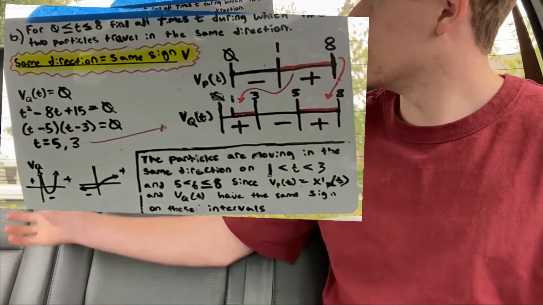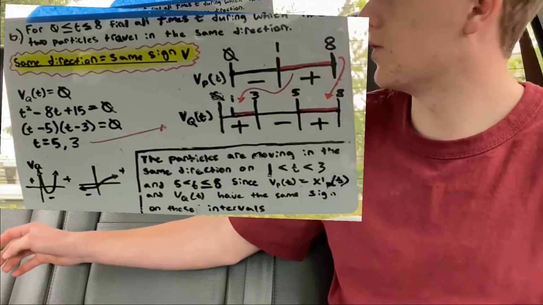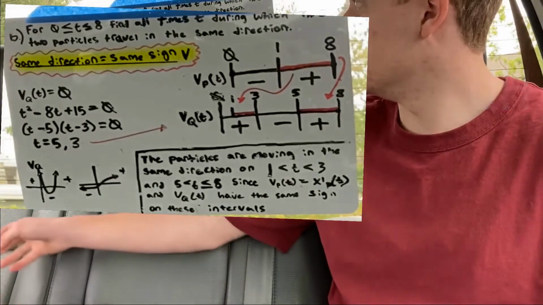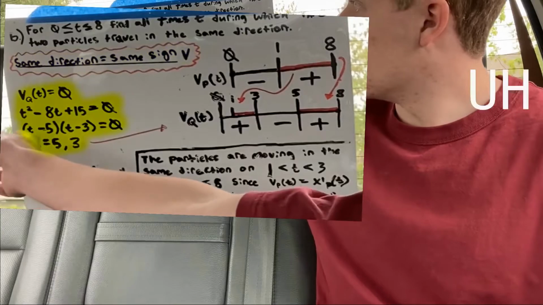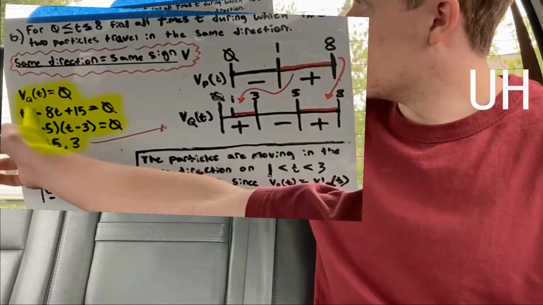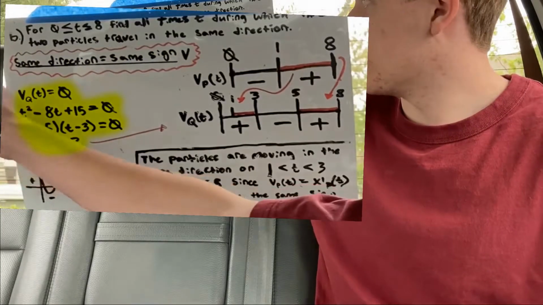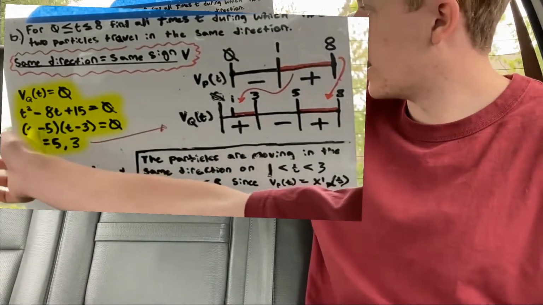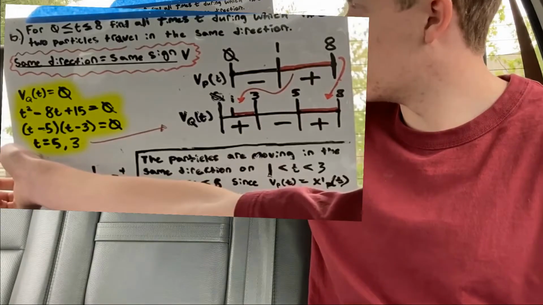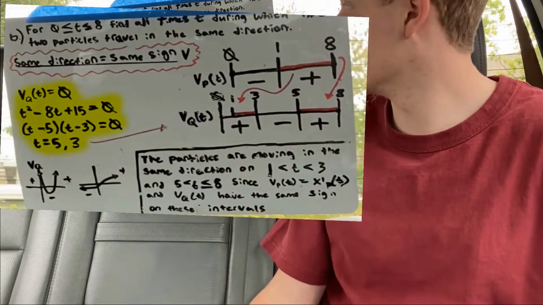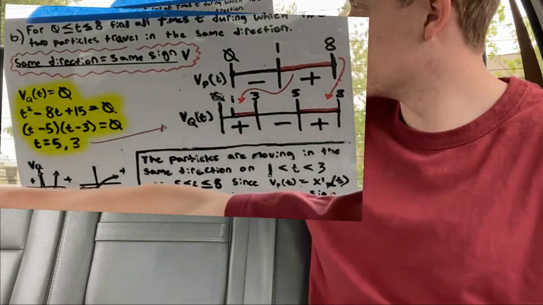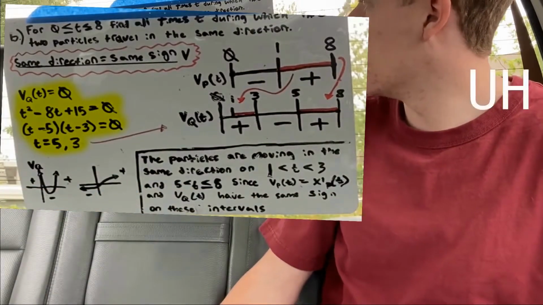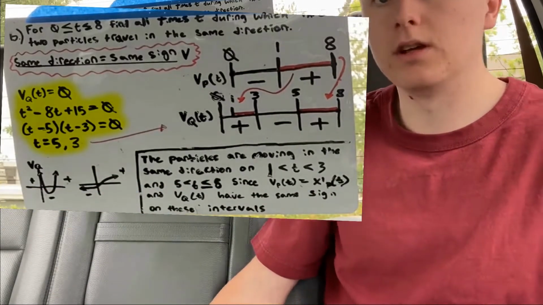So the first step to find the signs of v of q of t is to make the velocity of particle q equal to 0, and then you solve it out, and you get the x-intercepts for the graph of the velocity of particle q are 5 and 3.